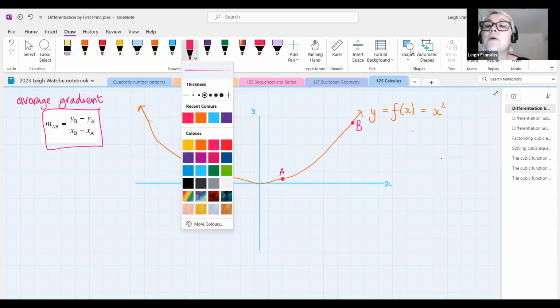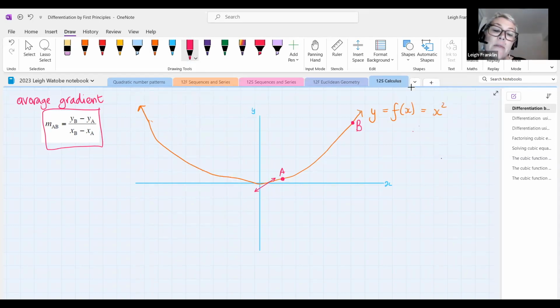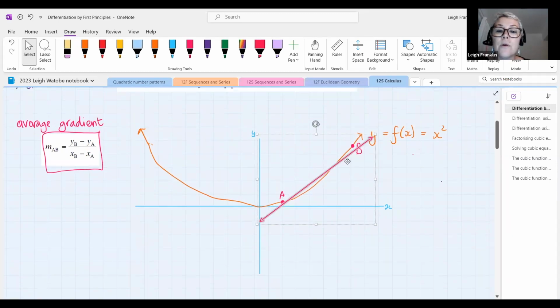Okay, cool. That's good. So when we are calculating the average gradient, what I'm going to do is just manipulate this a little bit, and change the thingy of our line. There we go.